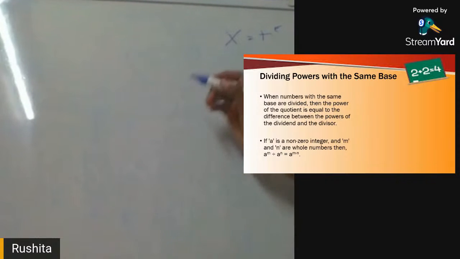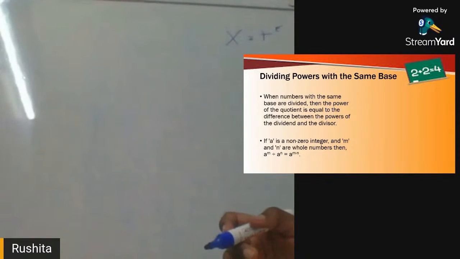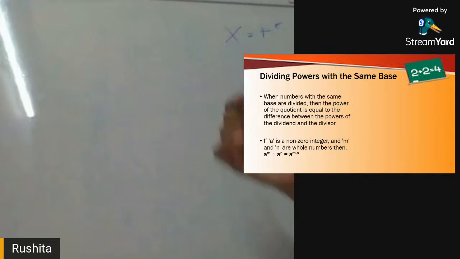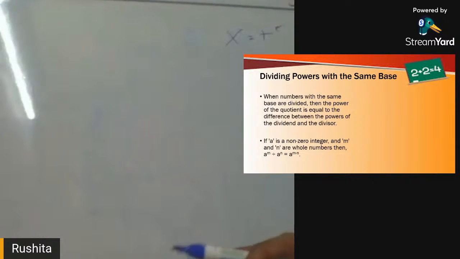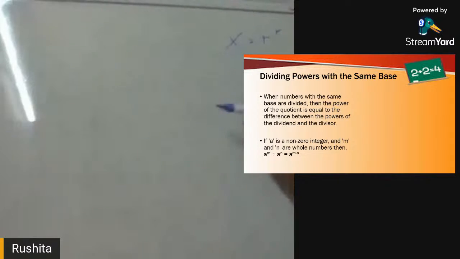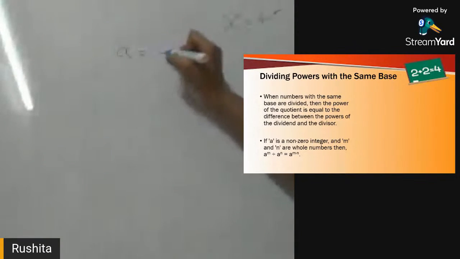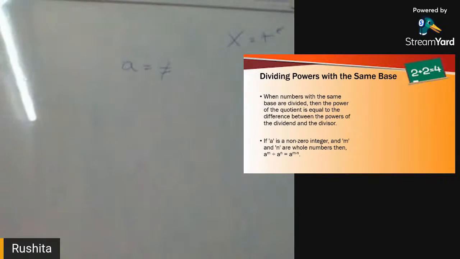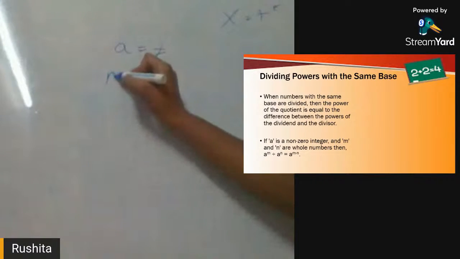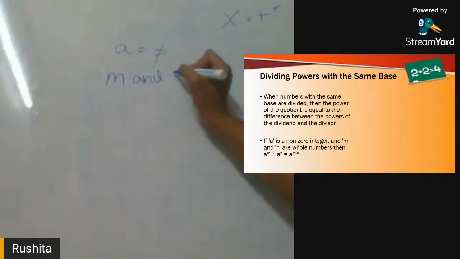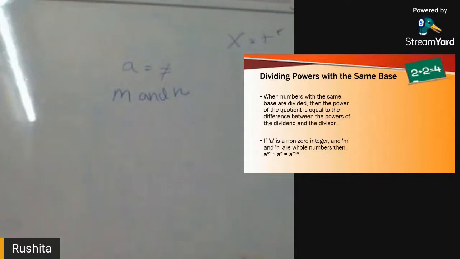Okay, so what have they said in the first point? You leave whatever they have said in the first point, and the second point you have to concentrate on. So they are saying a is again a non-zero number, and m and n are again whole numbers.